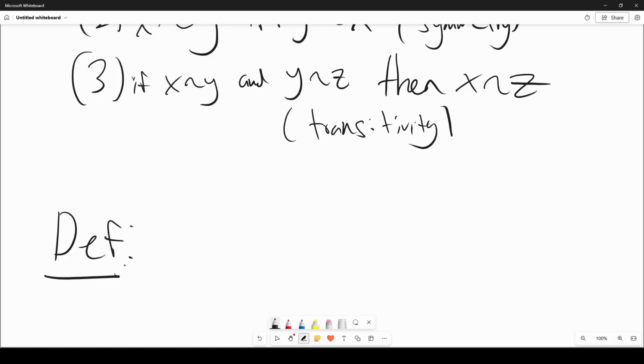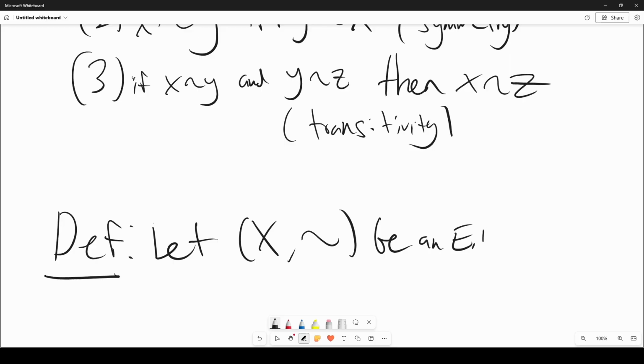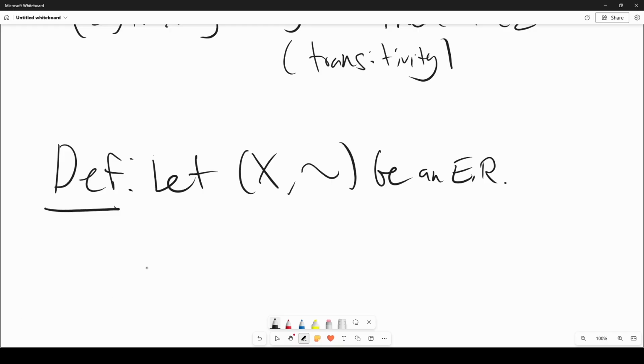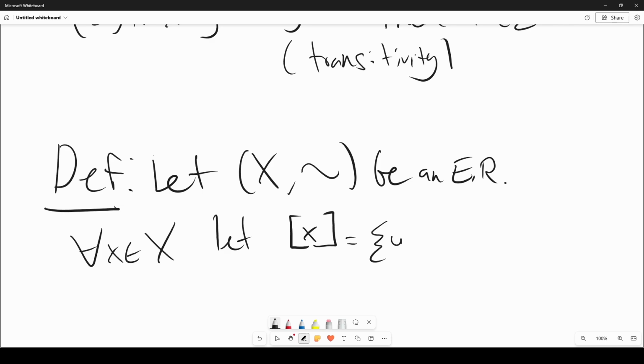Okay, another definition. We're going to define something called an equivalence class. So let the squiggle be an equivalence relation on the set X. For all elements x in X, we'll denote by these square brackets the set of all those elements y in X such that y is equivalent to x.